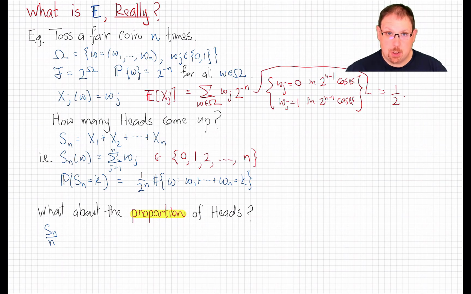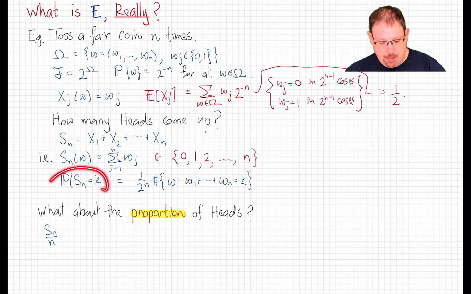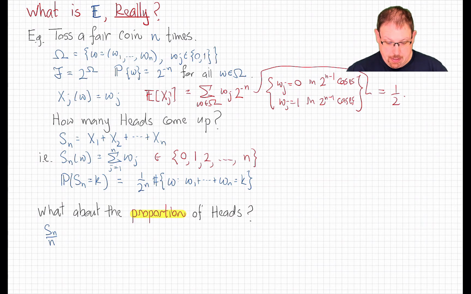What is the distribution of the random variable Sn? Well, it's a discrete random variable. Its distribution is a probability measure on the finite set from 0 up to n. And so we just have to specify the probability of each value. So the probability that Sn takes the value k, for k being an integer between 0 and n, is exactly, because of the uniformity of the probability measure, the number of outcomes omega for which the sum of them is k, divided by 2 to the n.